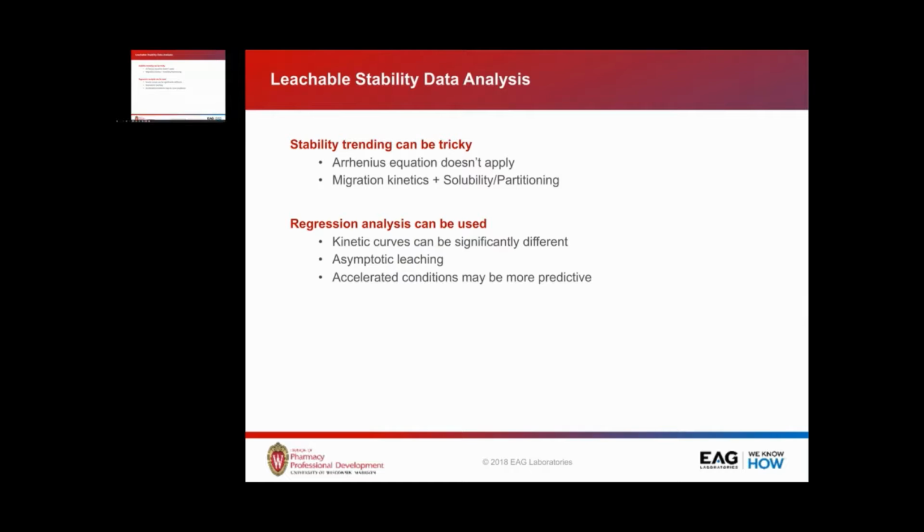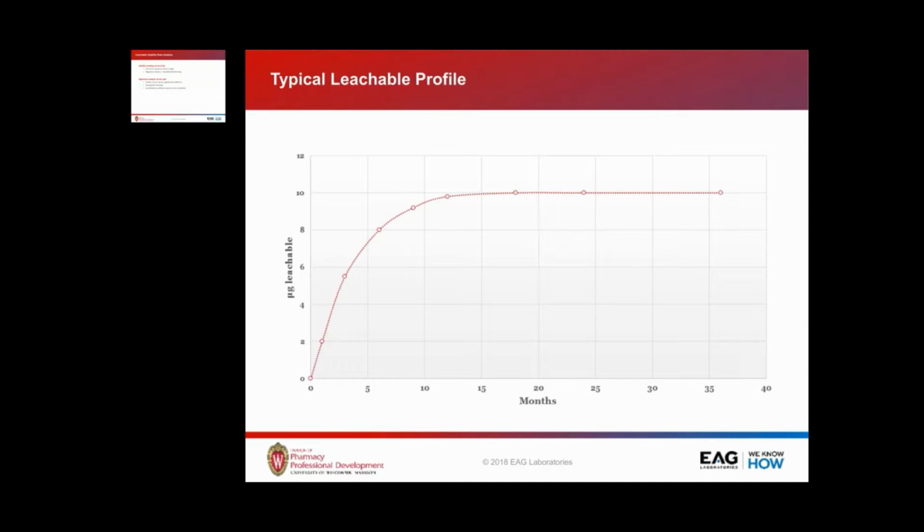Here's an example of an asymptotic leaching profile. As I mentioned before, this is a case where only 10 micrograms comes out. So if you were to track and trend and try to extrapolate an expiry, or when you're going to hit a certain level, using 6 months data, you're going to end up with a much shorter possible expiry than looking at a 12-month data point.